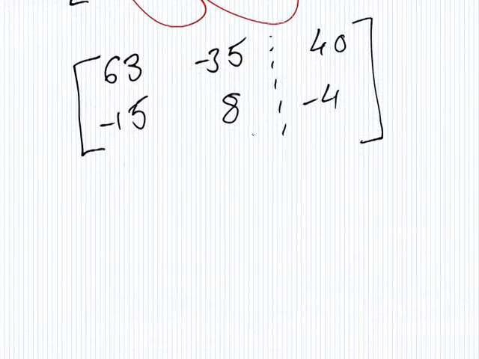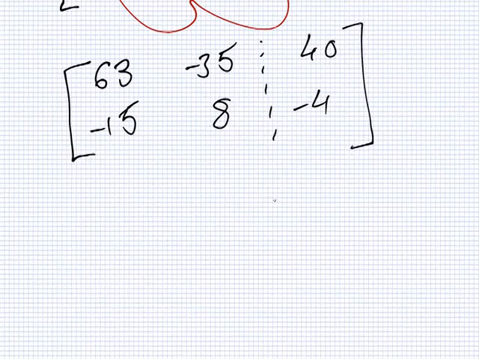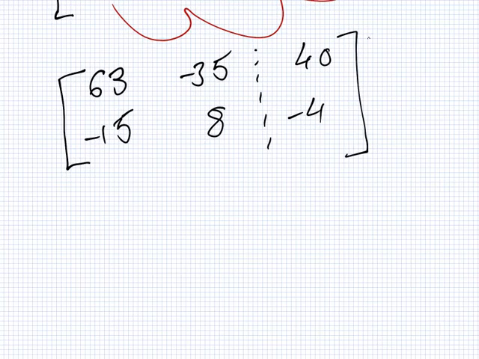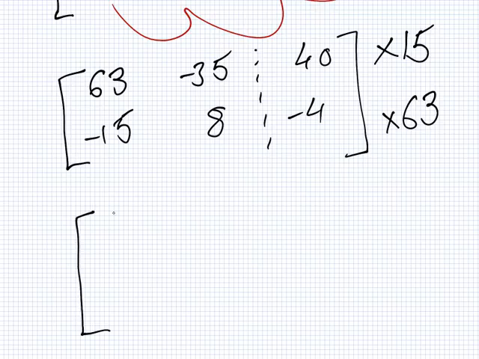Now, what I'll do next, and I'll need someone with a calculator, please, I'm going to multiply this one by 15 and this one by 63. You'll see in a moment. The magic will happen soon and all will become clear. So can someone give me the three numbers on the top? 945.